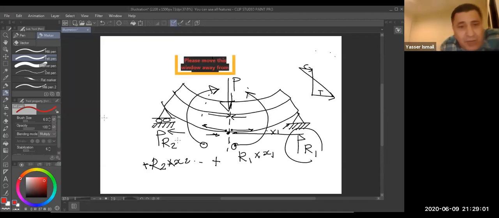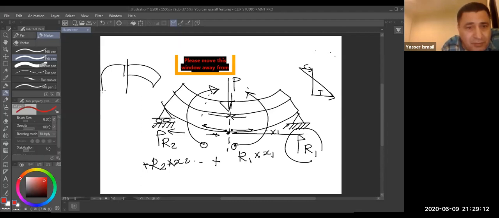The reverse of it: you have a particular section and another beam in this direction. You have a load in this direction. This is your load P1. So reaction here R1, and another reaction here R2. This reaction makes moment in this direction.